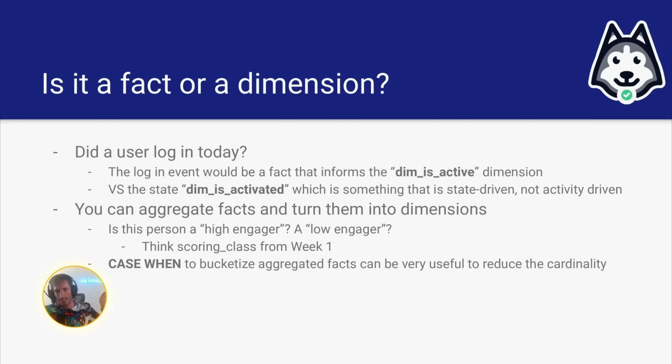That changes the state of your account from activated to deactivated, and that is an example of a pure dimension, because it's an attribute on your user object. It's not based on the events that you generate.